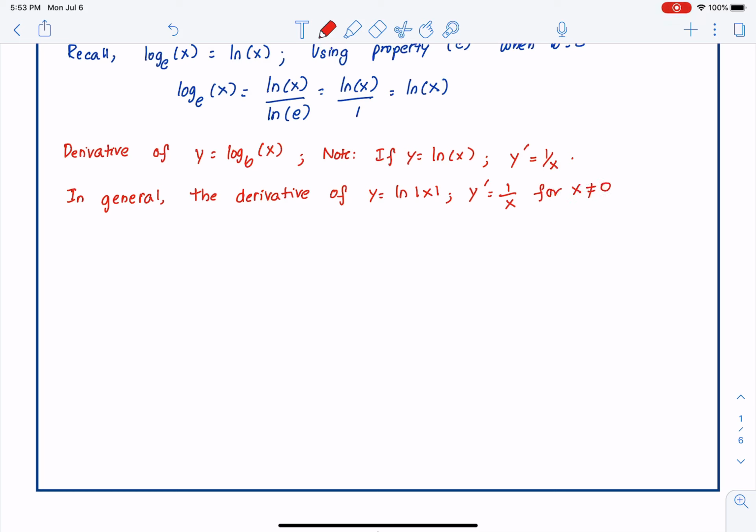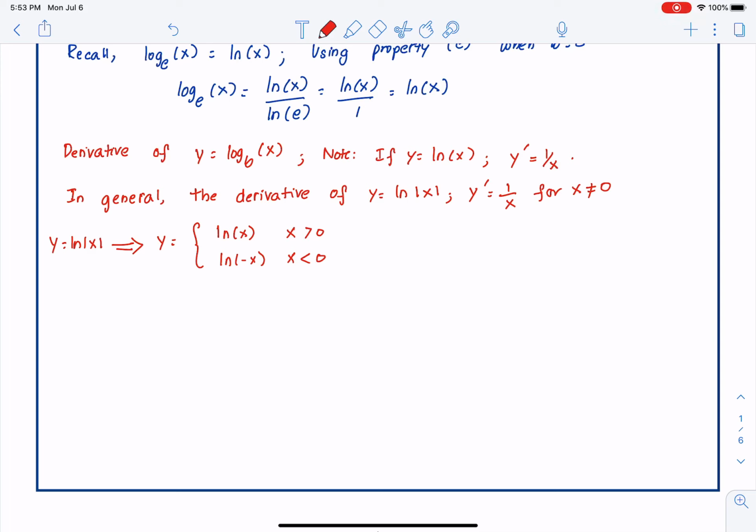What do I mean by that? So I could rewrite absolute value, so for y equals ln of absolute value of x, I could rewrite it as a piecewise function, because I can't have x equal to 0, so I have a piece defined for x greater than 0 and a piece defined for x less than 0.